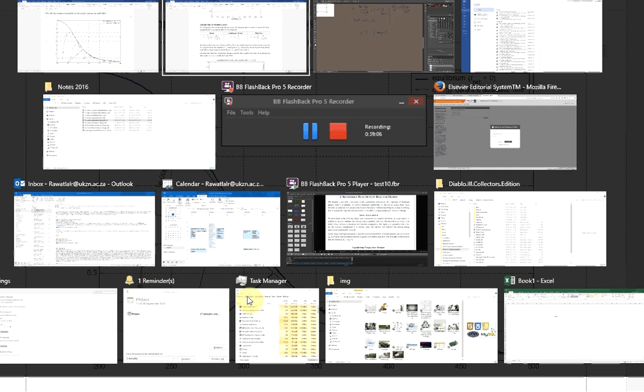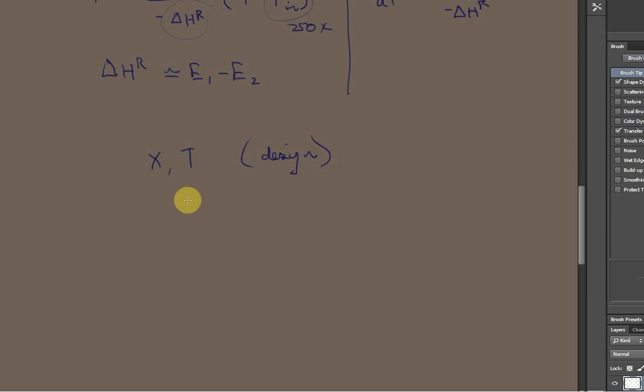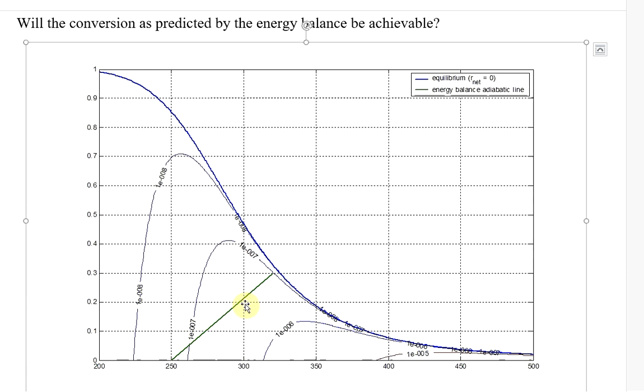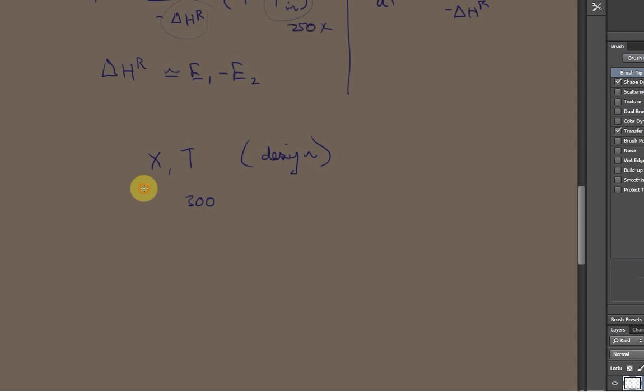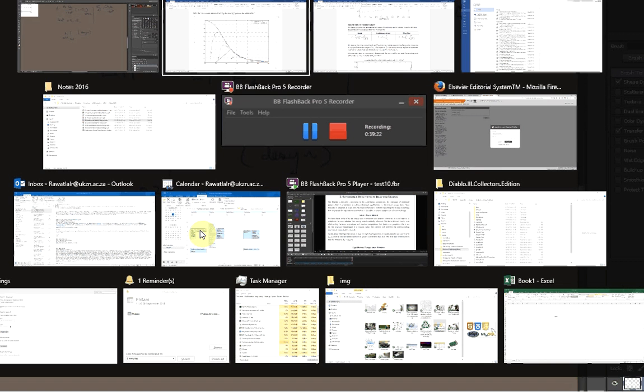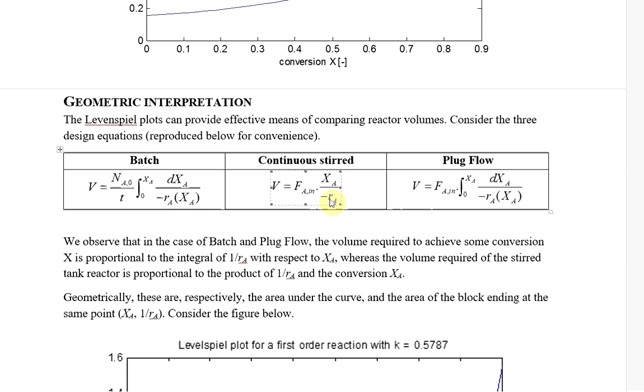So the temperature here was 300, and if we pick 300, then that gives us something like 0.22 for X. So we can use that with our design equation. Behind this RA, of course, we evaluate K1 CA minus K2 CB, and we make the substitution for RA over there.